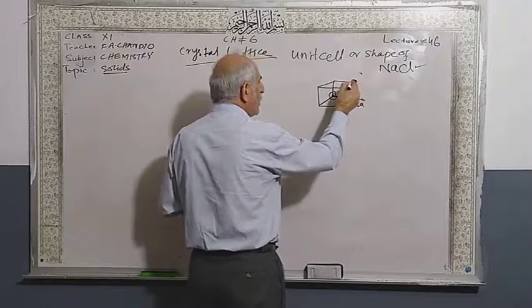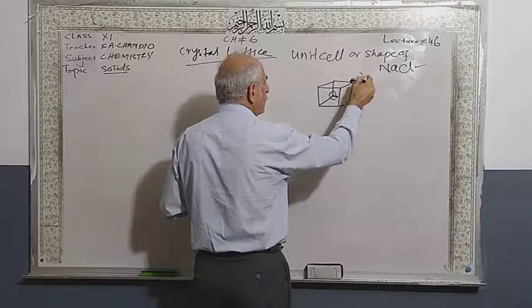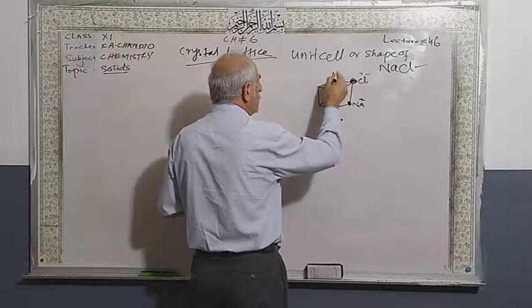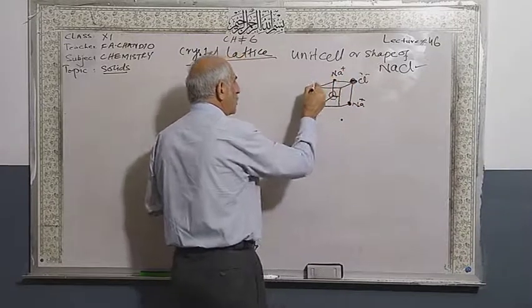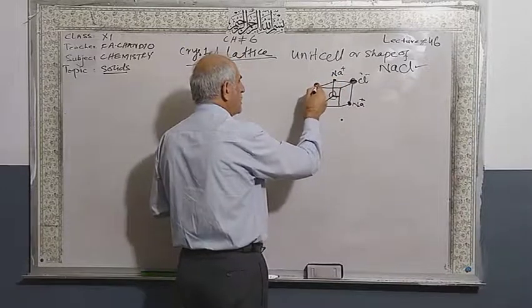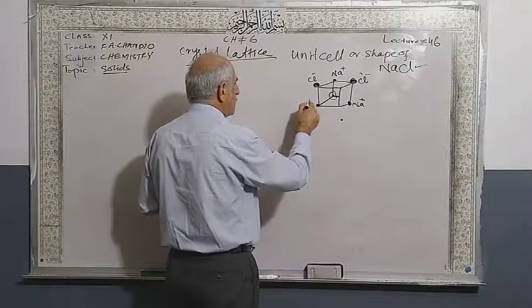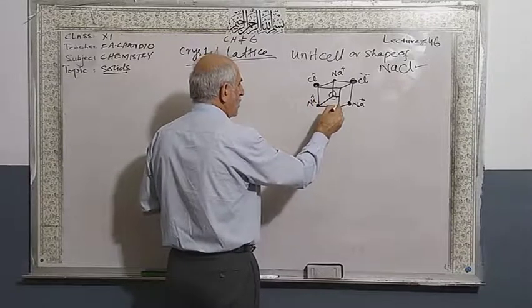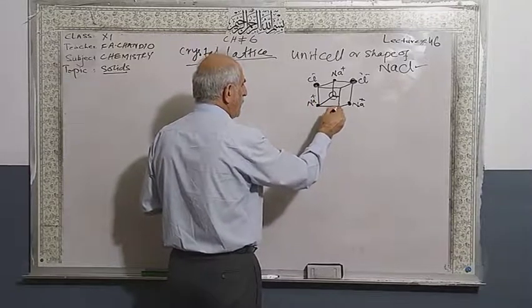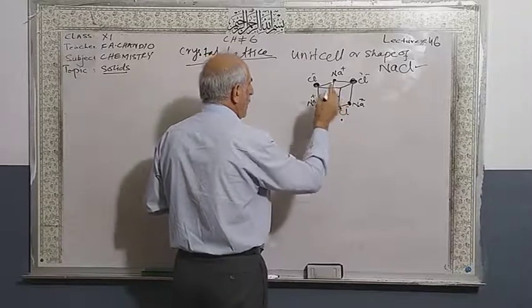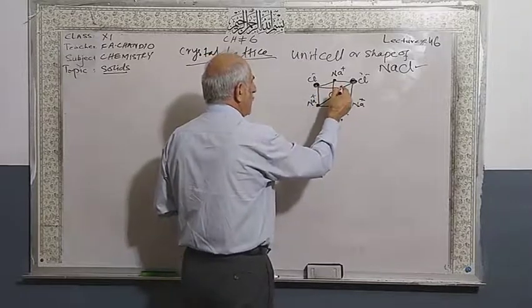Sodium ions are smaller than chloride ions. Sodium ions. Chloride ions, larger size. Sodium ions. Chloride ions, like this. And here, sodium ions.